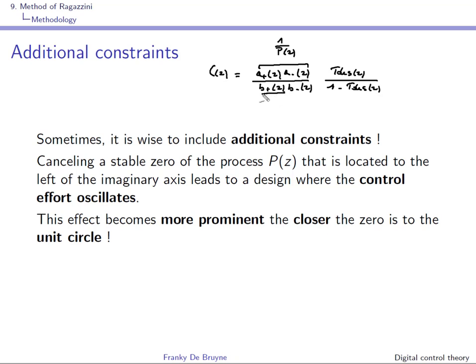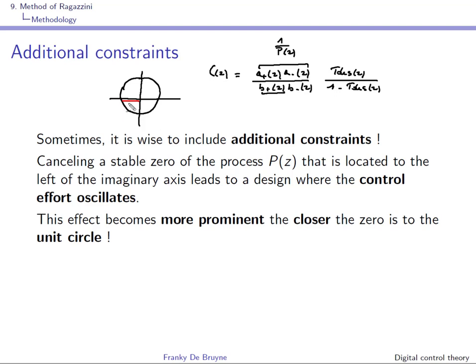Well, if you have here zeros that are stable in the sense that they are in the unit circle, but that these zeros are located over here, well, this will lead to problematic behavior of our controller, C of z.